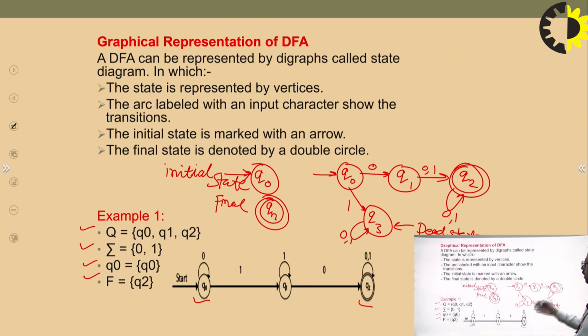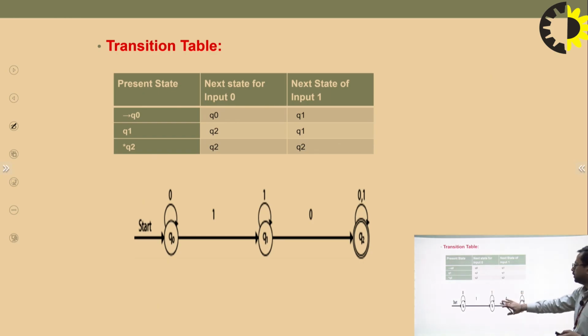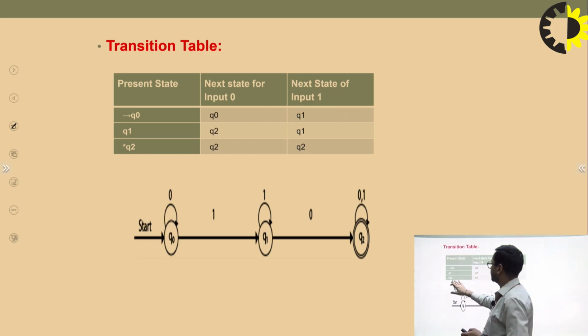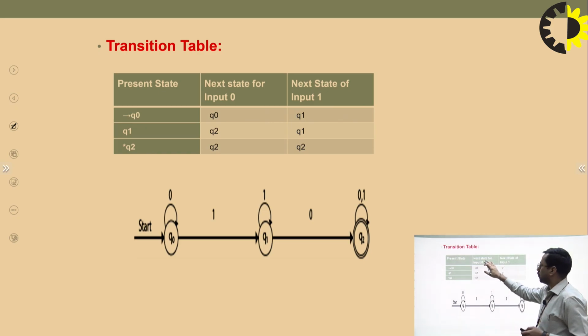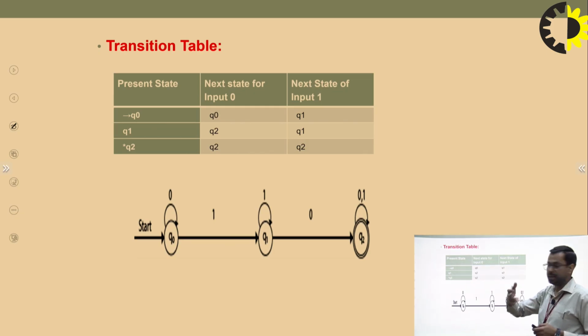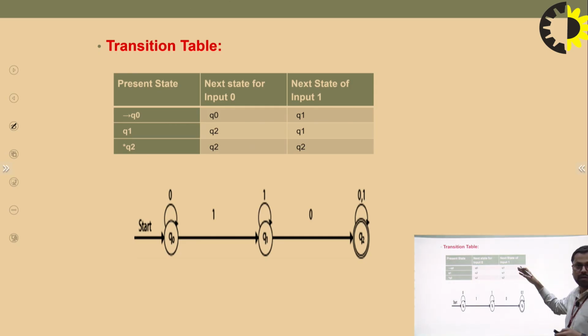How can we represent this particular DFA model as a transition table? Here we represent the present state. Here the first input symbol, after applying the first input symbol, what will be the next state? And here we represent the next state after applying the input 1.